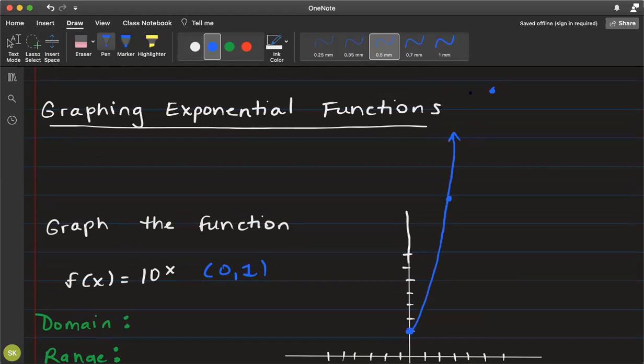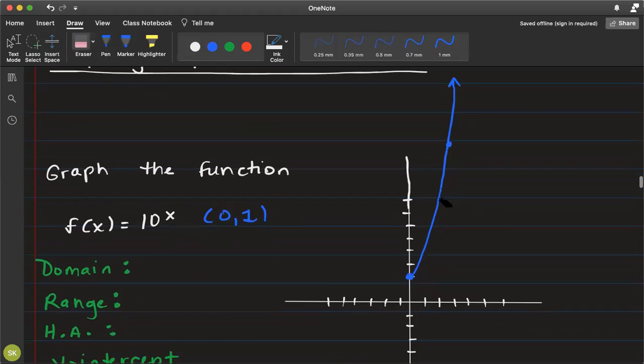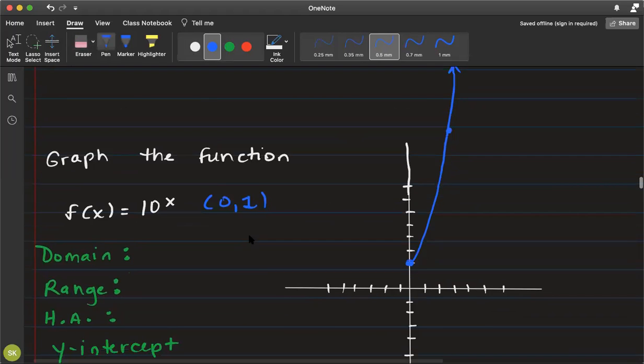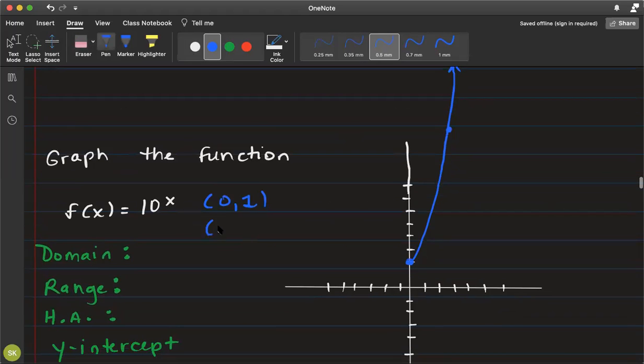But you're going to get a graph that goes up like this. So maybe move it over here somewhere. But this is the idea of what the graph is going to look like. So you're going to go up really, really high. And then if you start plugging in negatives, like if you plugged in -1, you're going to get 1 over 10, because you'll move it to the denominator, so you're going to get a value that's really close to 0. But if you put a -2, you're going to get 1 over 100, so you're going to keep getting closer and closer to 0.